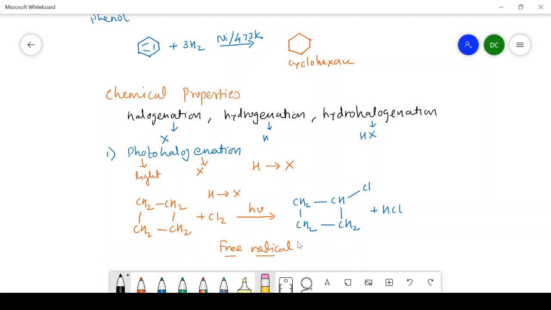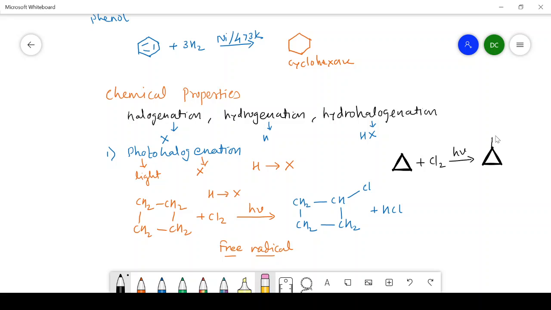Instead of this, you can take the example of cyclopropane, and when it is treated with Cl2, the condition is light. One of the hydrogens from this carbon or this carbon is substituted by a Cl.